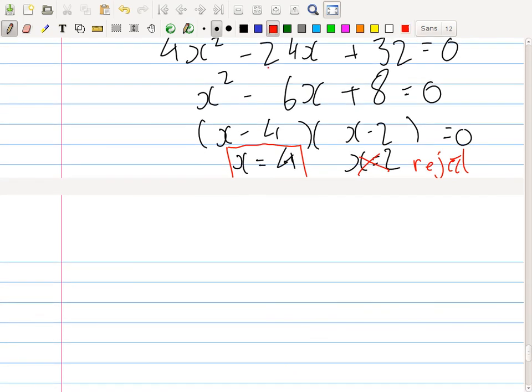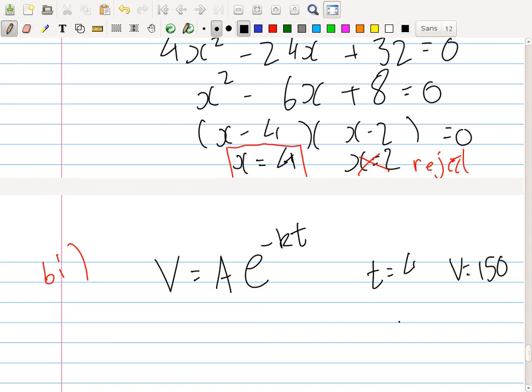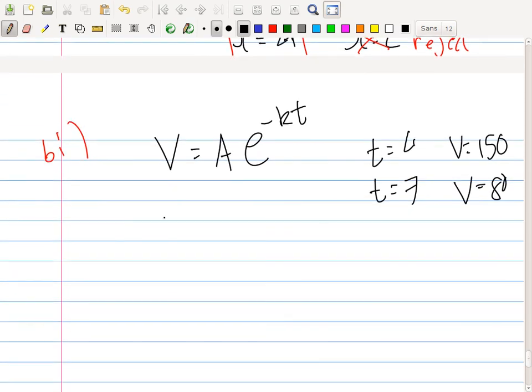That's part A done. Now on to B. B part 1. One of these exponential problems. V equals A e to the minus kt, where t is 4 and V is 150, and then t is 7 and V is 80. So I just substitute in really.